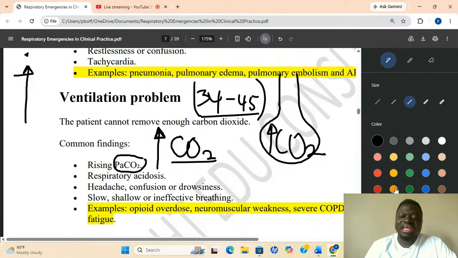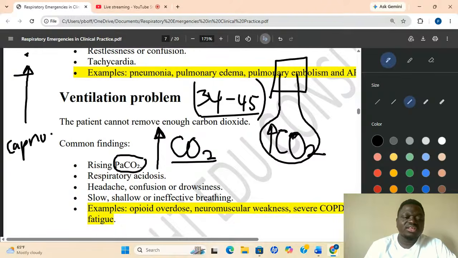No. So how will I know that CO2 is super high here? We use a certain machine, we call it the capnograph, or capnometry.